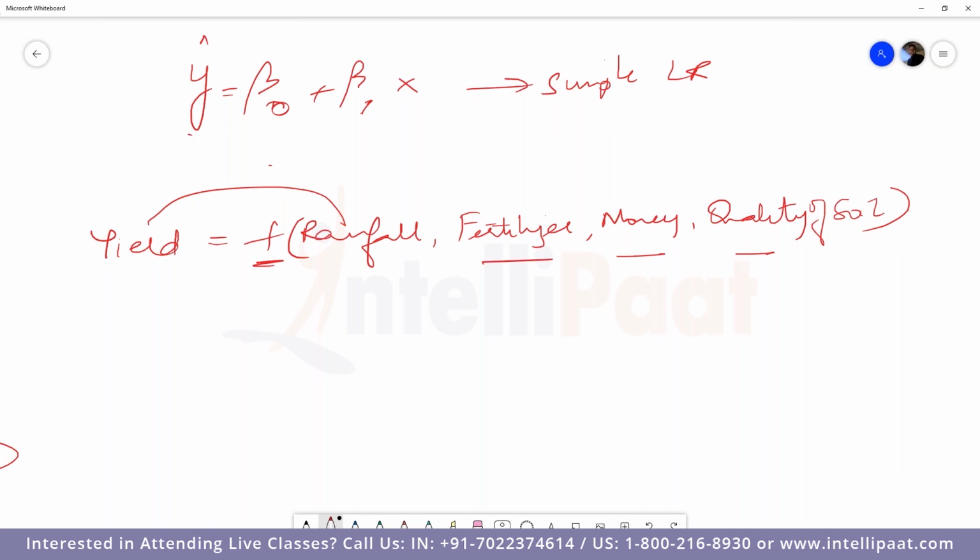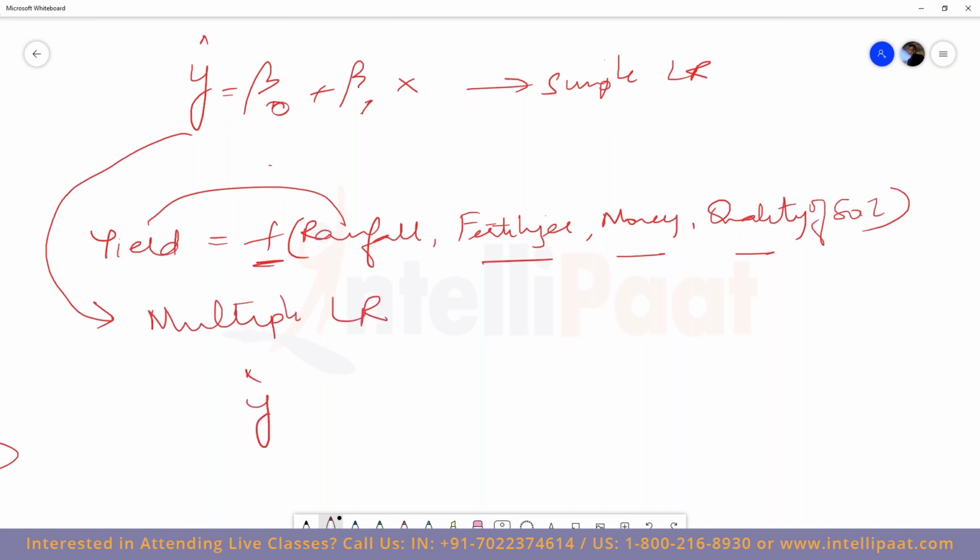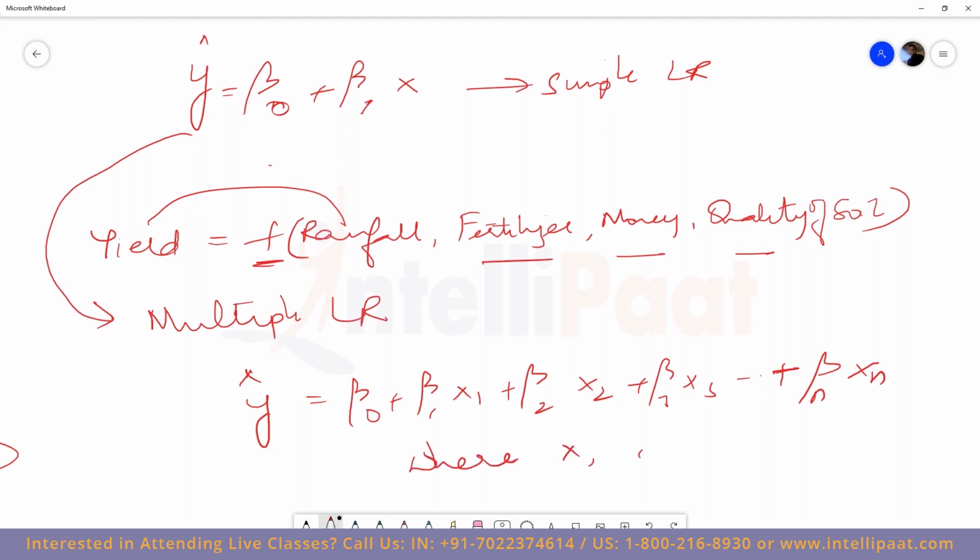So in that case, what we do is we move away from a simple linear regression. We do something called multiple linear regression. In multiple linear regression, your equation would look like this. Your predicted value is going to be beta naught plus beta 1 times x1 plus beta 2 times x2 plus beta 3 times x3 plus and so on, beta n xn, where x1, x2, x3, and so on are nothing but your predictor variables.